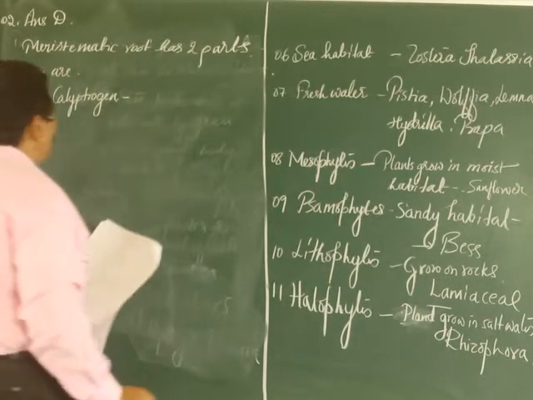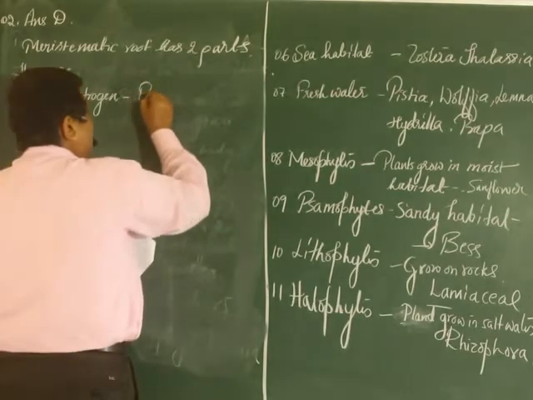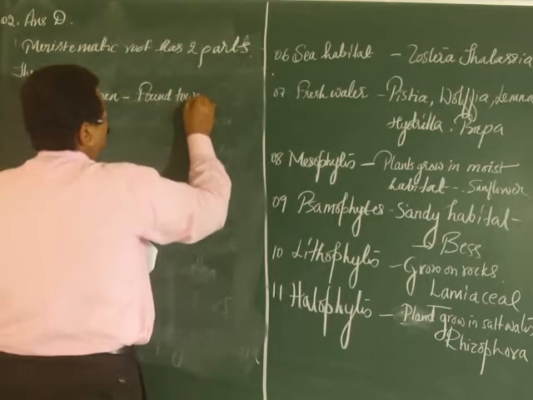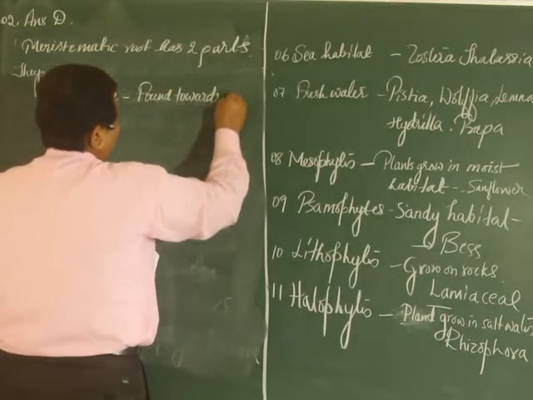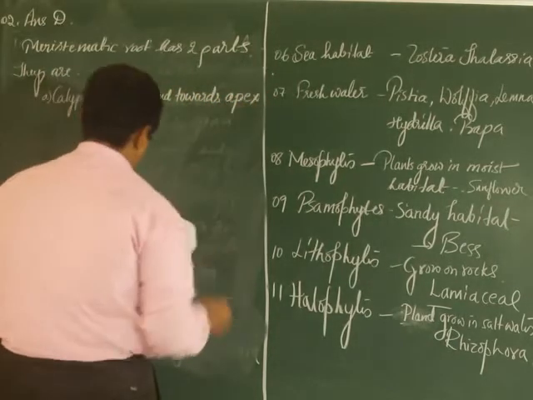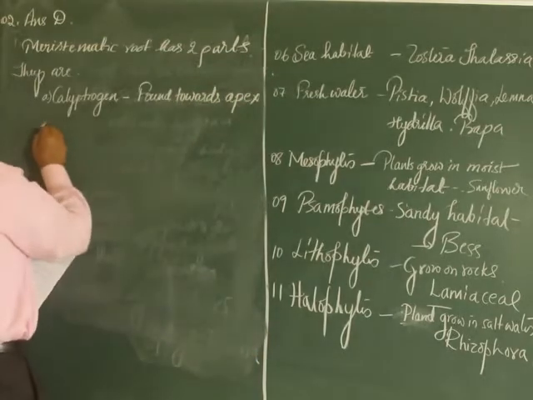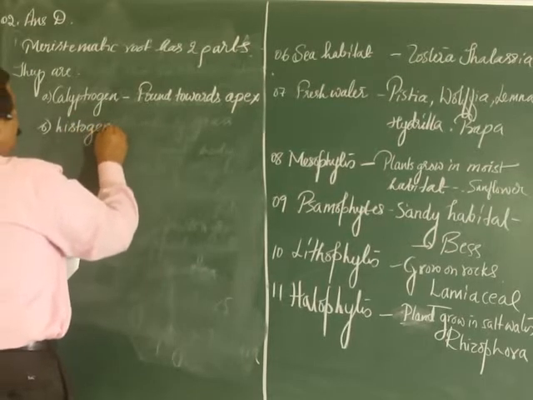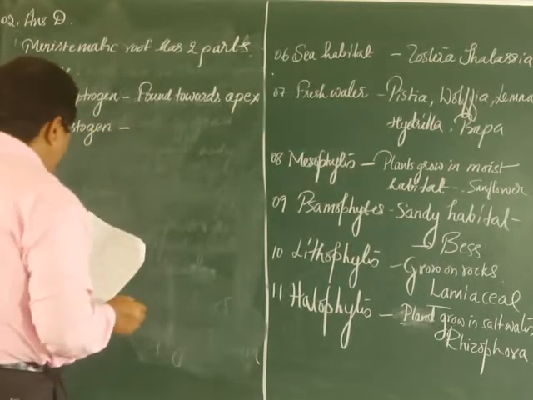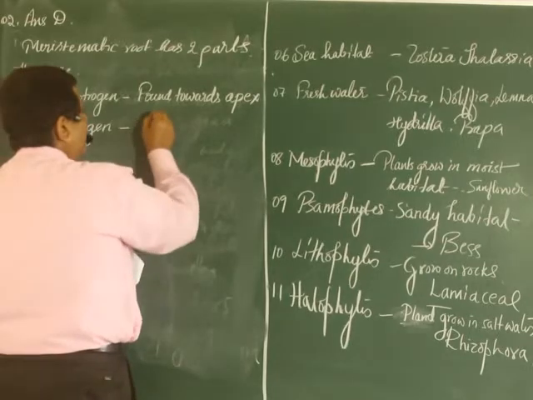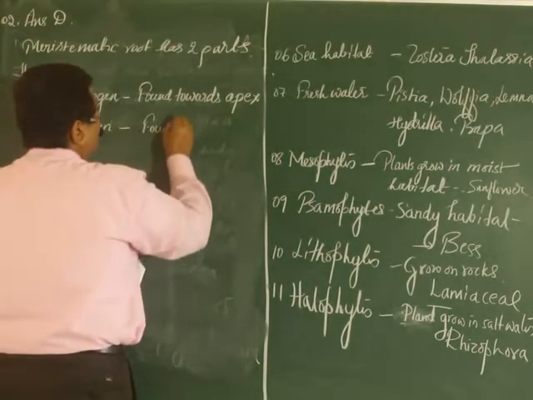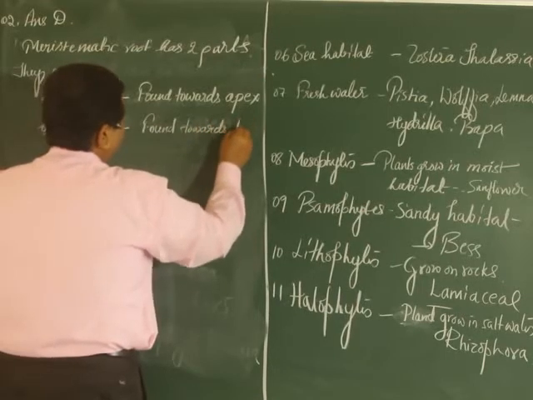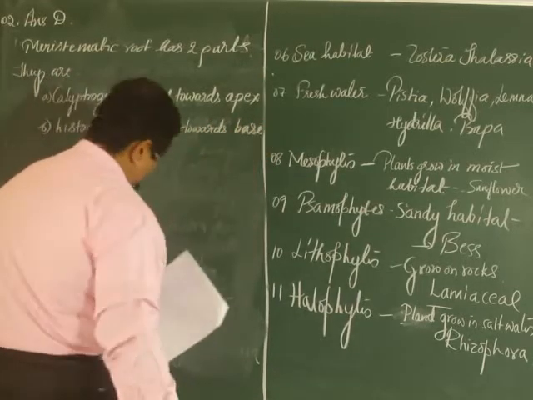It is found towards the apex tip. And histogen part, it is found towards the base.